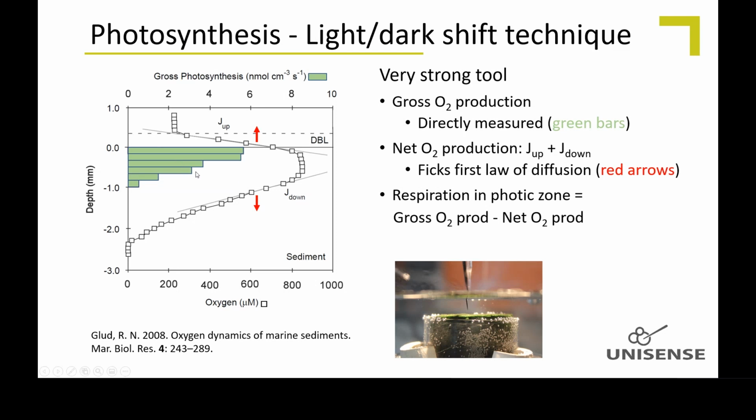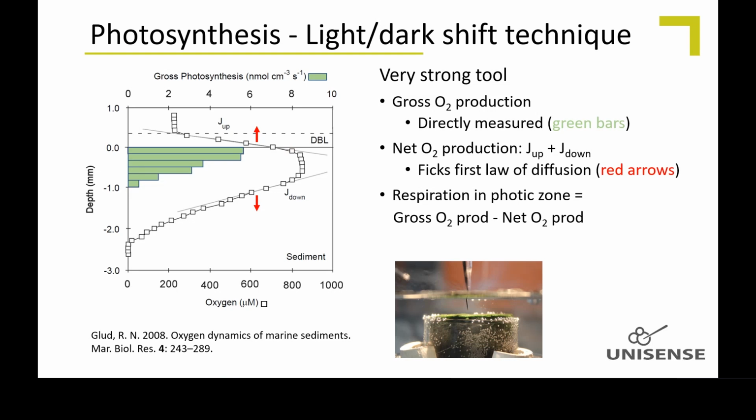There may be a heterogeneity, and it depends on how you measure the oxygen profile. You can record the concentration of oxygen at the same time as you do the light dark shift technique, but that is not so accurate, because you will then need to get back to exactly the steady state.